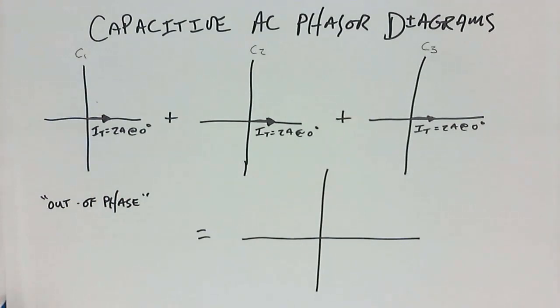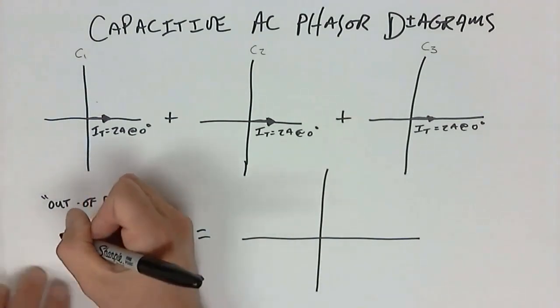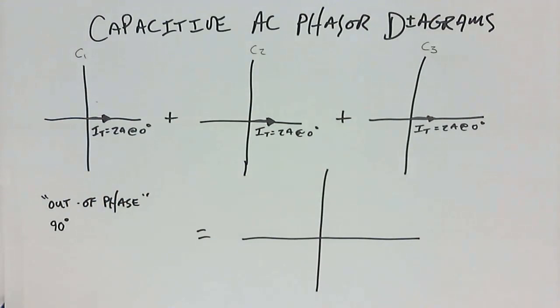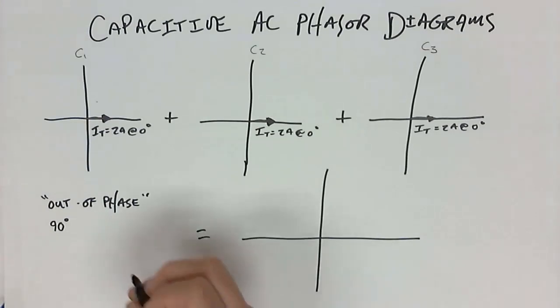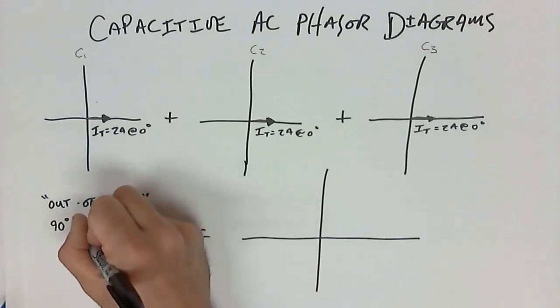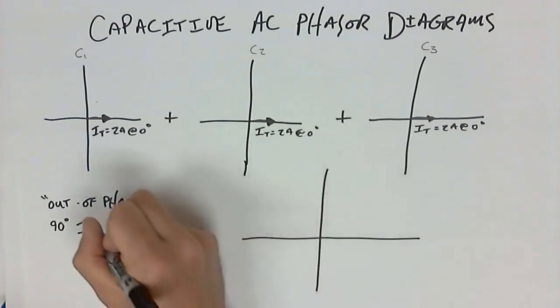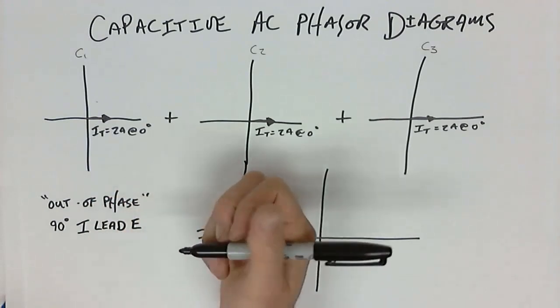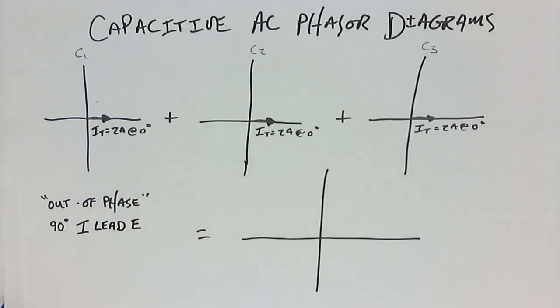So out of phase in a capacitive circuit, it is the same degree out of phase, 90 degrees. And what we're referring to is the voltage and the current. However, this time for capacitive AC circuits, the current value will lead the voltage. So in a capacitive circuit, the current value will lead the voltage for an AC capacitive circuit.